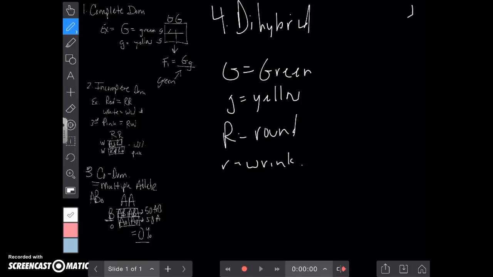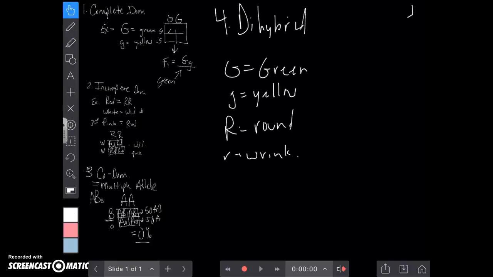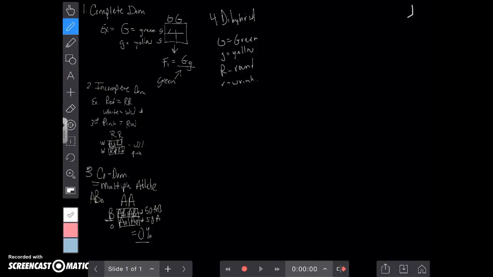With that as my key, I am going to cross one pea plant that is heterozygous for green as well as heterozygous for round with another one that is heterozygous for both as well. Capital G, lowercase g, capital R, lowercase r.